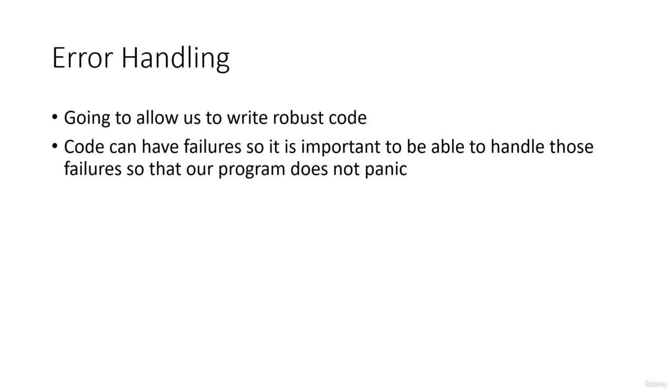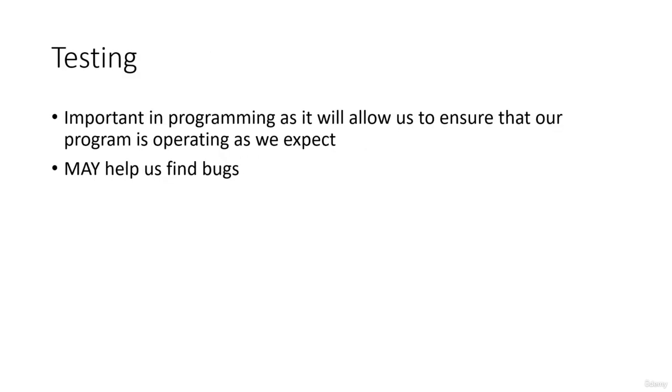And if our program does not know what to do, then we panic. So for example, if we have a web server that does not have error handling and we have an error occur, well, then our web server is going to crash. Therefore, we no longer have a web server that is up and running handling requests, which is obviously really bad.